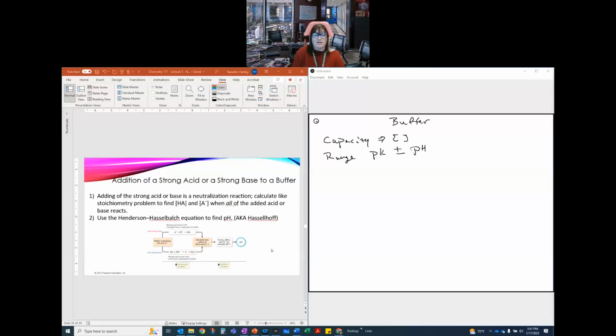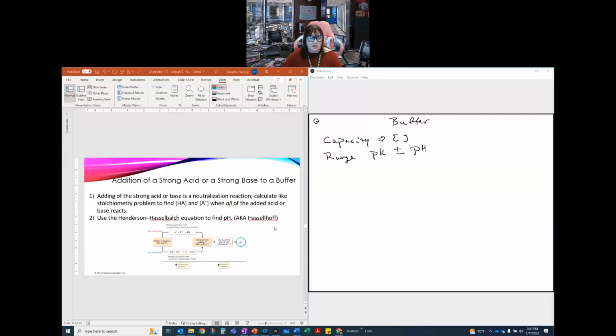And when we talk about adding a strong acid or a strong base to a buffer, similar to what we talked about for the HF and how that changes, we can add a strong acid or base in that neutralization action. So we can calculate how much of each we've got. And then once we've calculated how much of each is left, the HA and the A minus, or the BH plus and the B, then we can use an equation called the Henderson-Hasselbalch equation.